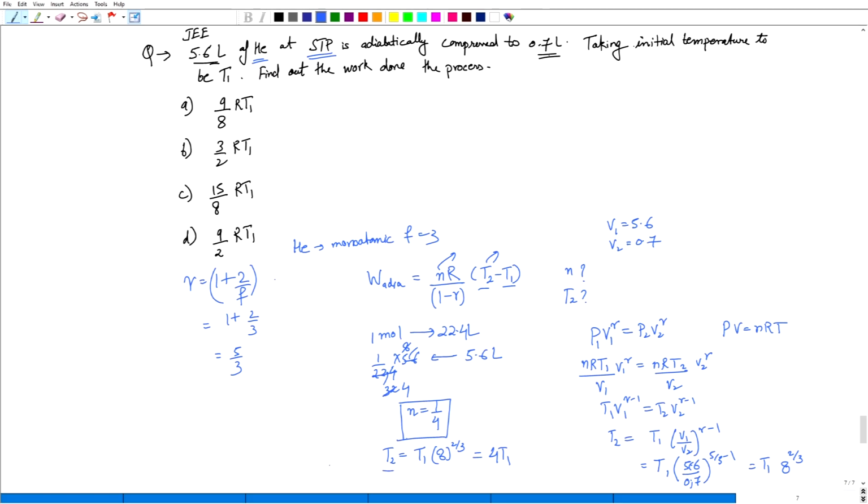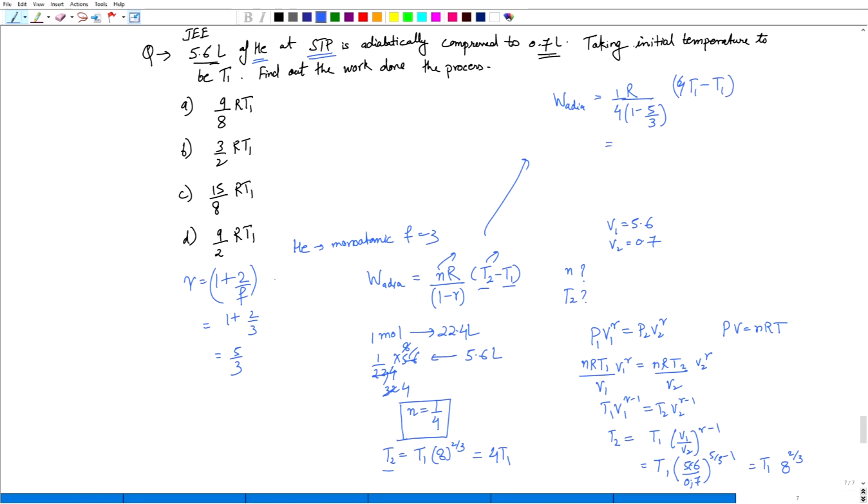So now we have T2, we have n. Let's put it here. So W is n, which is 1 by 4, times R divided by 1 minus gamma, that is 1 minus 5 by 3, into T2, which is 4T1, minus T1.